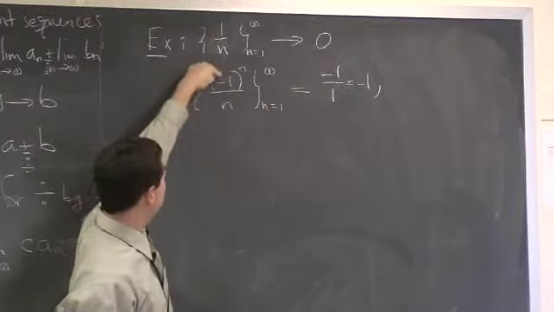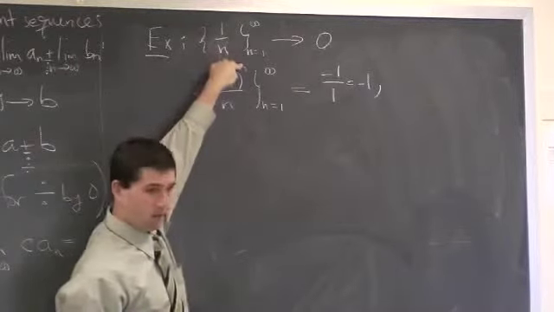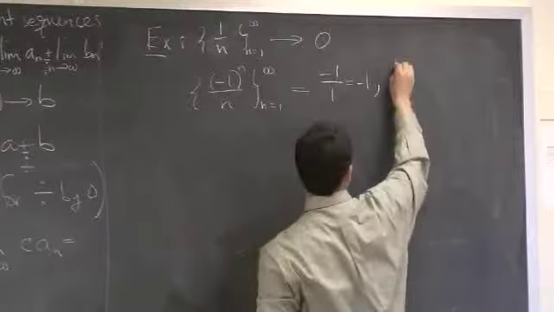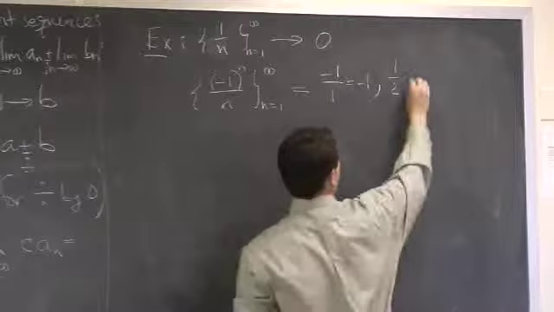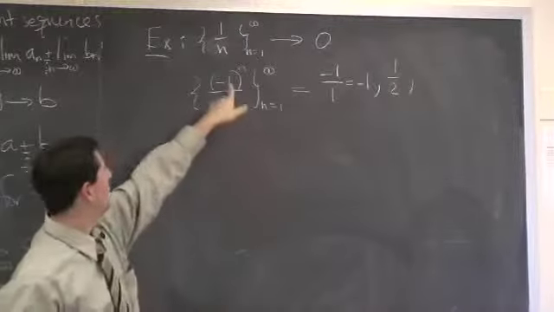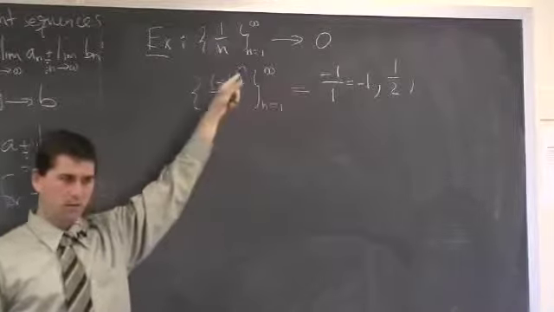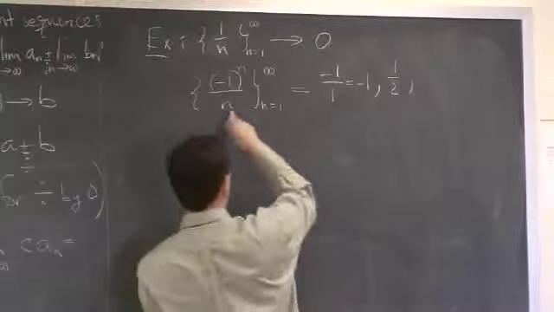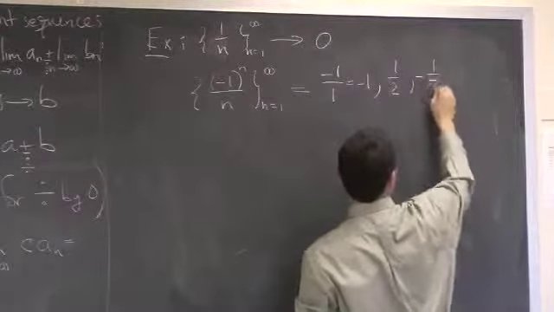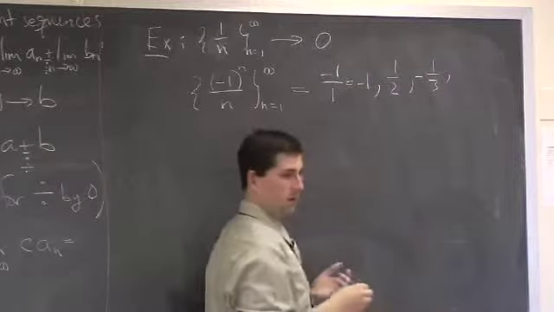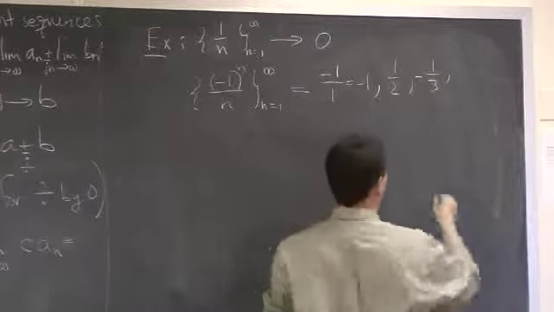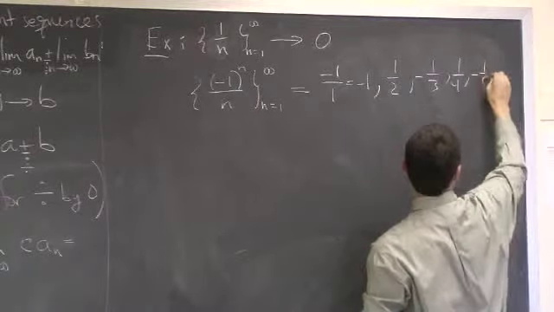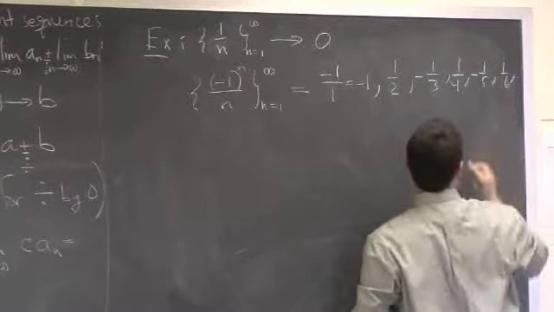When n equals 2, you get minus 1 squared, which is 1, over 2. So you get a half. What about when n equals 3? Then you get minus 1 cubed, which is negative 1, over 3. So negative 1/3. Okay, what's the next term going to be? 1/4, negative 1/5, 1/6, and so on.